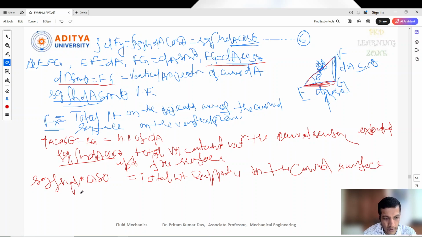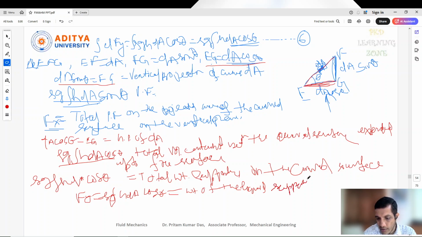So we write Fy equal to rho g integration of h dA cos theta, equal to the weight of the liquid supported by the curved surface.